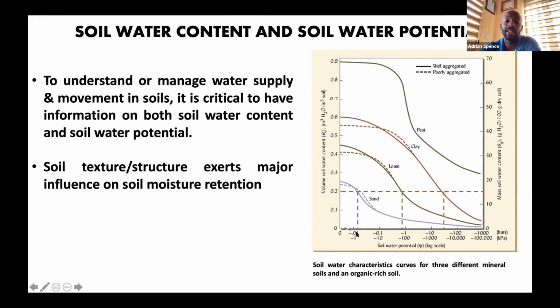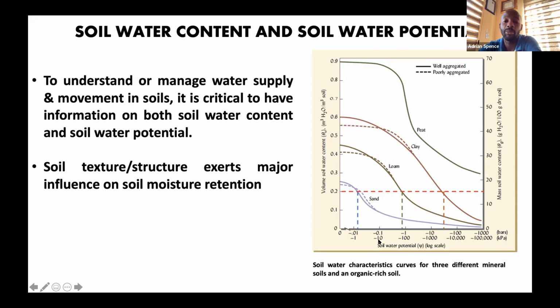So let's look at sand. If you take this blue line and you continue up, for sand, you're basically at 0.2 meter cube of water per meter cube of soil. If you go up, it's about 4.5 for loam, and just about 6 for your clay soils.